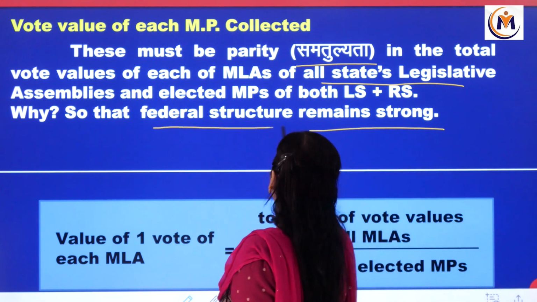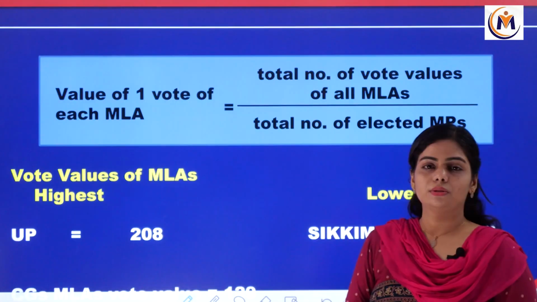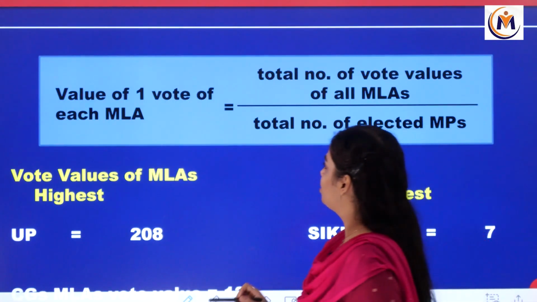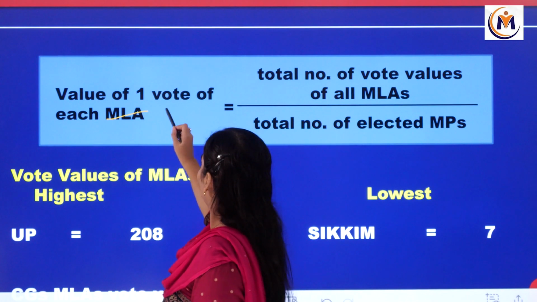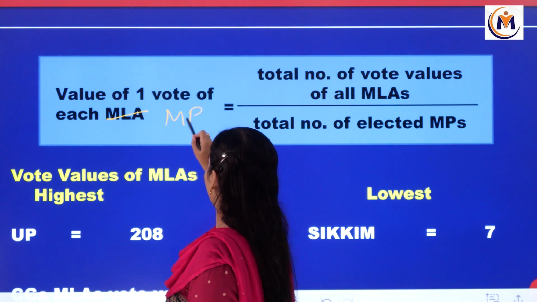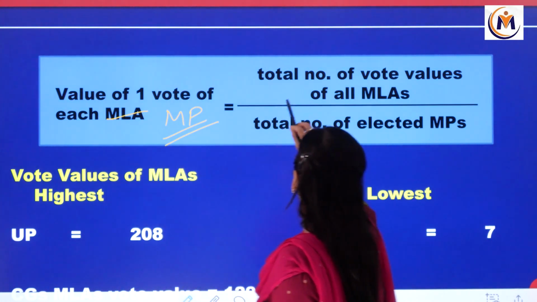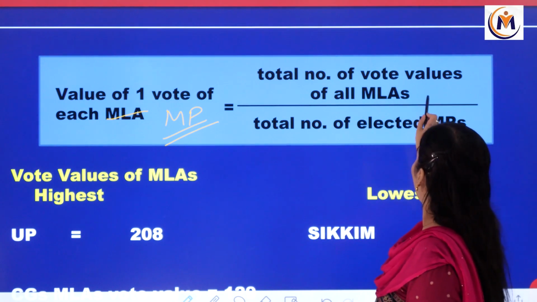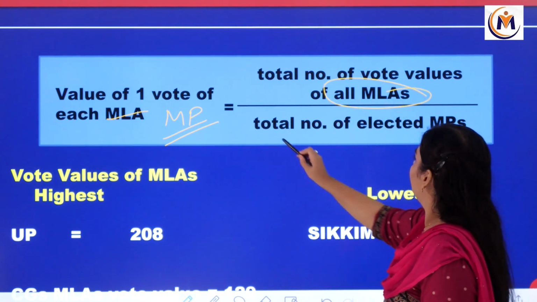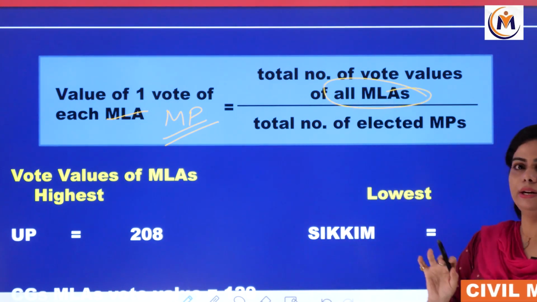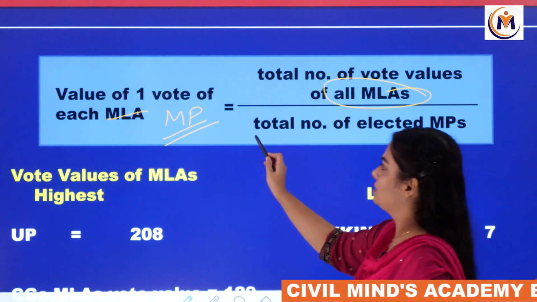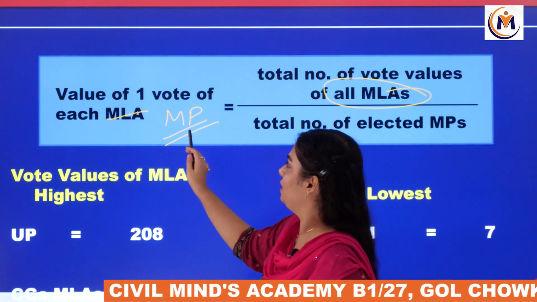We have already understood this very point. So what would be the value of vote of each MP? Total number of vote values of all MLAs, okay, divided by total number of elected MPs. That would give us the value of one vote of each MP.